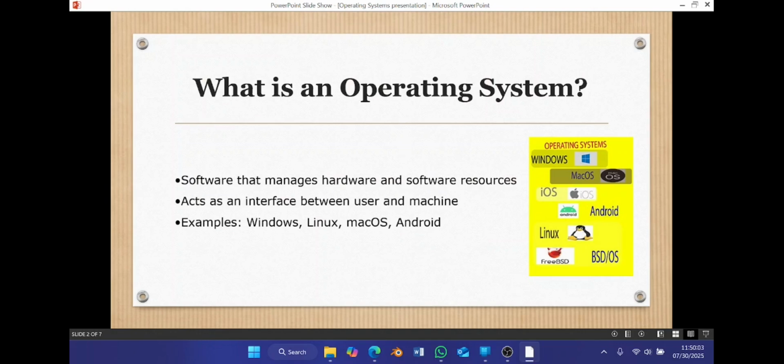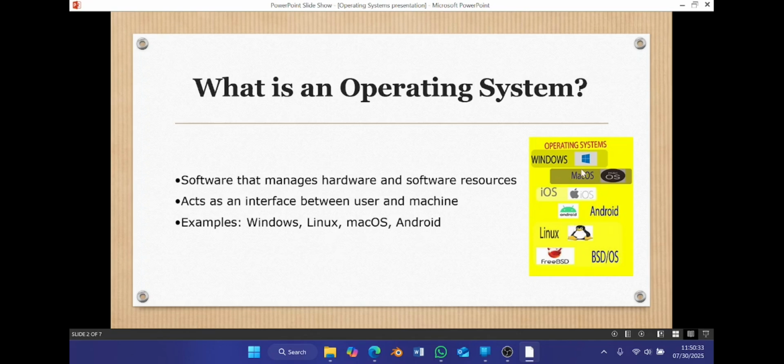An operating system is software that manages hardware and software resources. It acts as an interface between a user and the machine. Examples of operating systems include Windows, like the ones we are using mostly on the laptops and computers in the office today, then Linux, Mac operating systems, and Android.